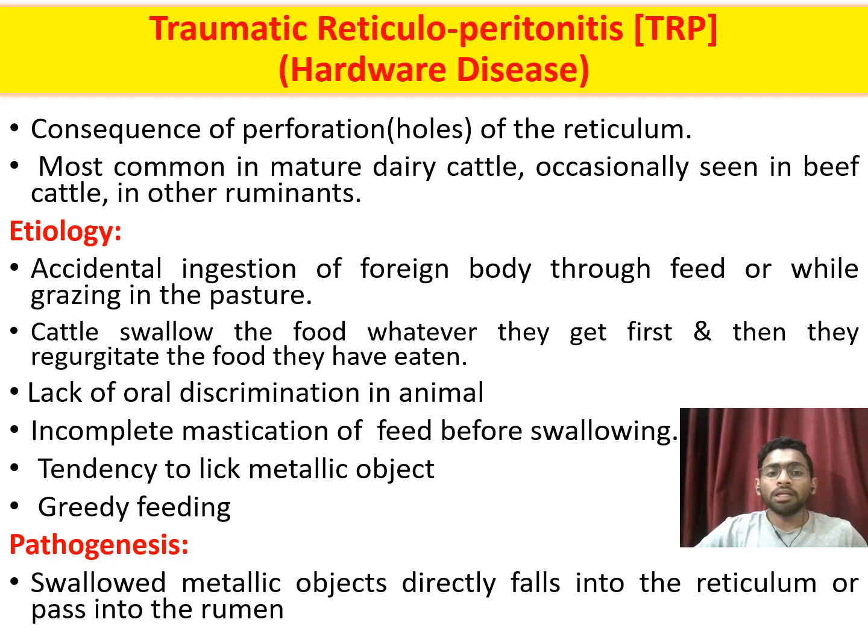It is nothing but the perforation or holes of the reticulum. The holes in the reticulum are the cause for this TRP, which is commonly and mostly seen in mature dairy cattle and occasionally seen in beef cattle and other ruminants. So what is the etiology or the cause for this TRP?